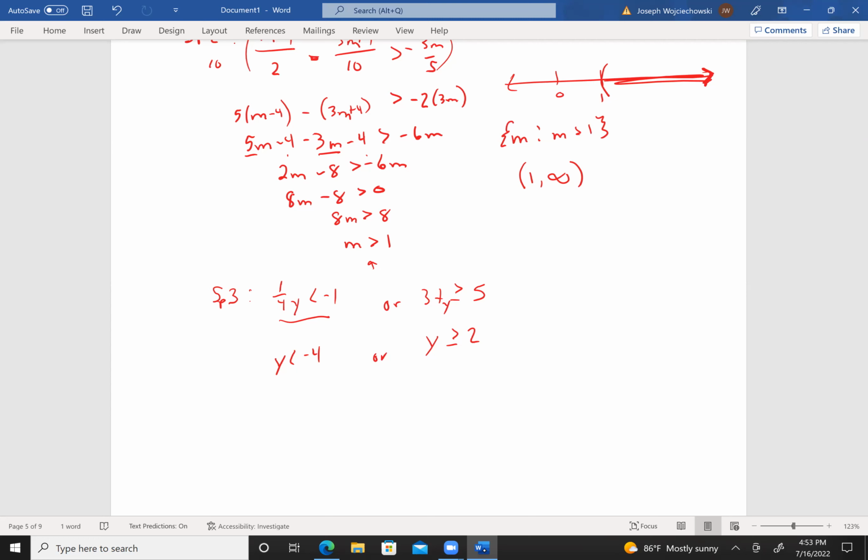So let's graph these. Negative 4, 0, 2. This says y is less than negative 4. That's this. And this says y is greater than or equal to 2. That's this. Since we have an or, it's the union. So we just put both of them on the same graph.